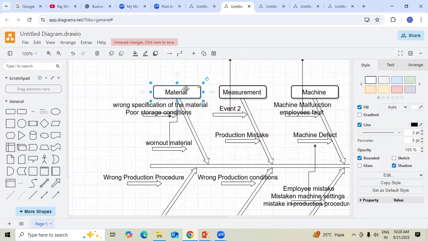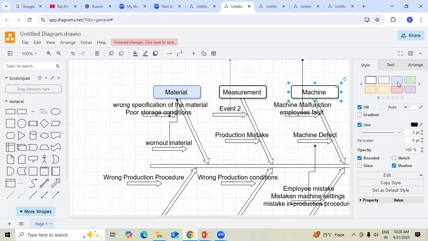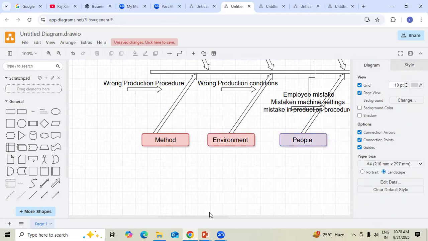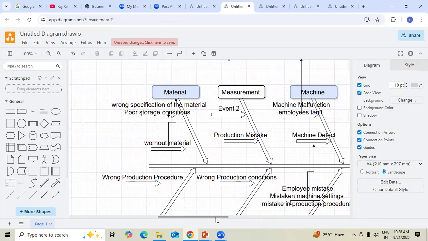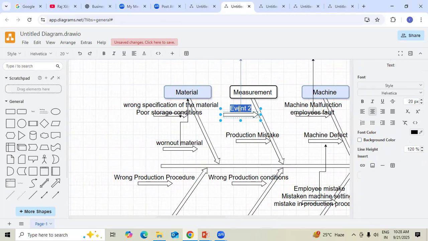This is for color combinations for our effectiveness. This is how generally a fishbone diagram can be created, especially for a particular activity or an event, right? The event was already mentioned here.